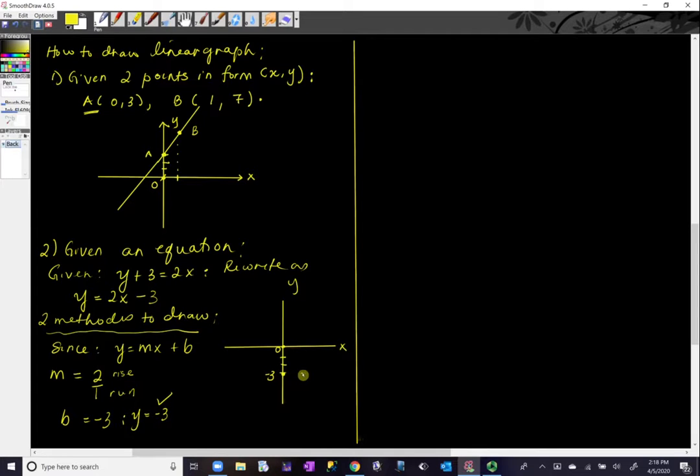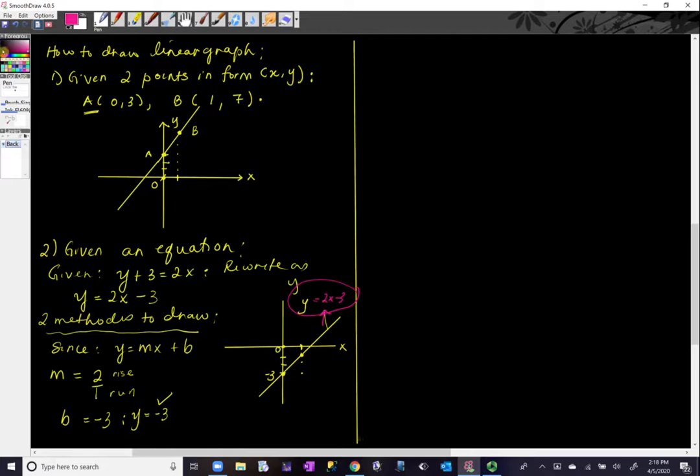So it runs 1 to the right, which means x is 1, and then it rises up 2. So take a ruler and join this, and that's your equation. The way you want to write the equation is y equals 2x minus 3. So that's the name of this equation.